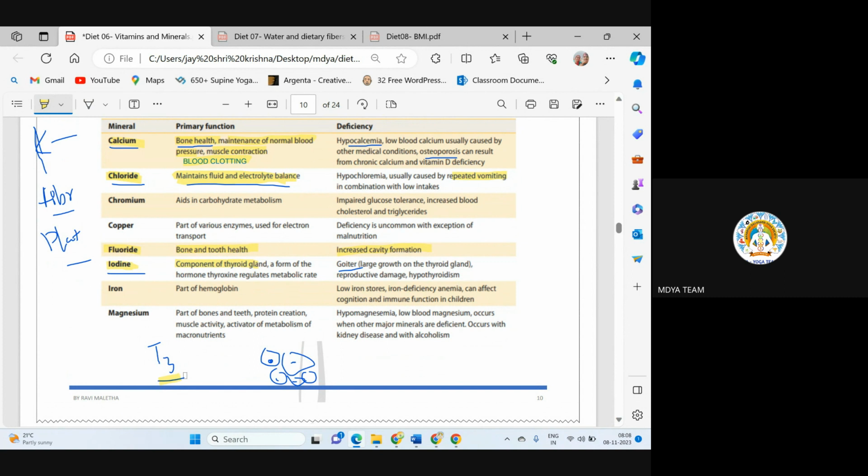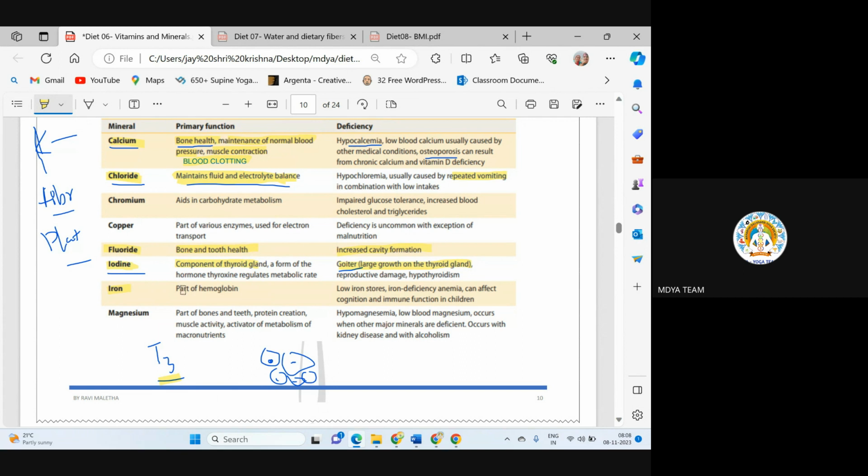So our body thinks that the cells producing T3 are not working well. So our body increases the cell number of these cells. So it leads to goiter, large growth on the thyroid gland. Now it is clear? Yes, sir. Okay.